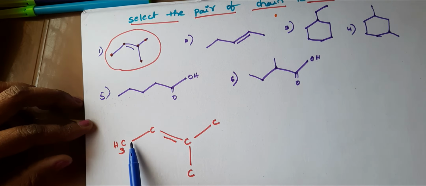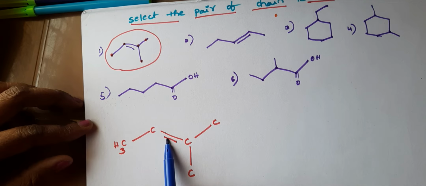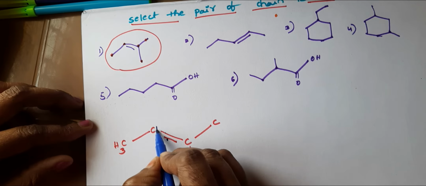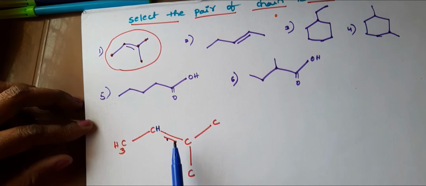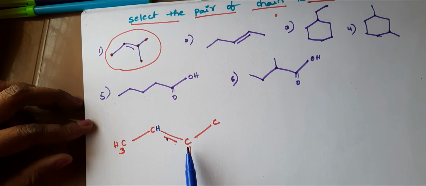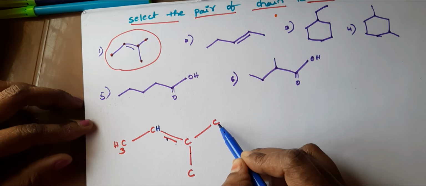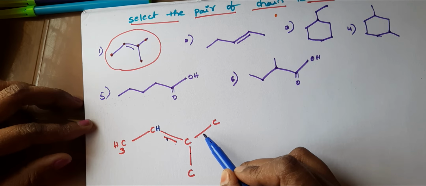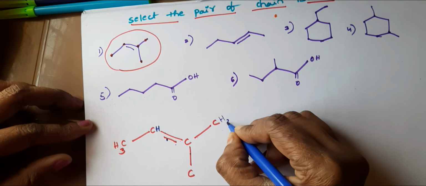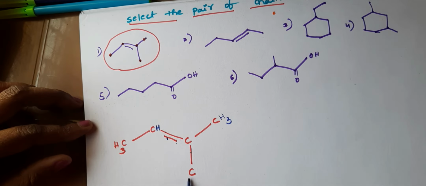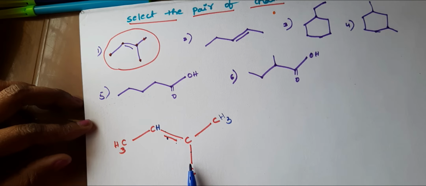See here, this carbon has 1, 2, 3. Already it has 3 bonds, so I have to write 1 hydrogen here. Coming to here, 1, 2, 3, 4. This carbon has 4 bonds, so no hydrogens. This carbon has only 1 bond, so we should write 3 hydrogens. Even this carbon is attached with only 1 carbon, so the remaining 3 hydrogens.